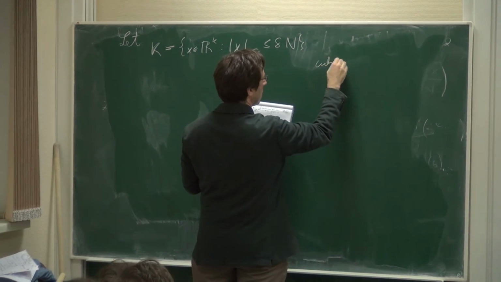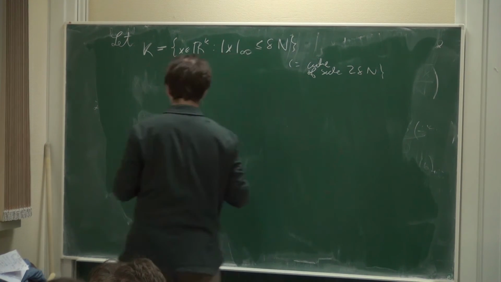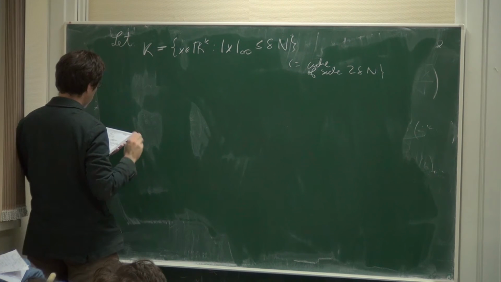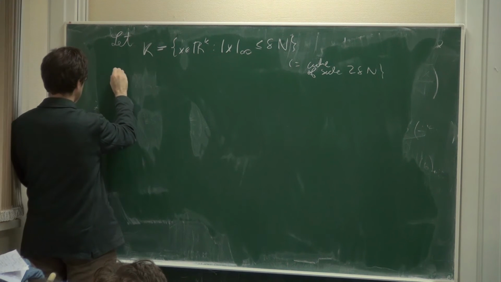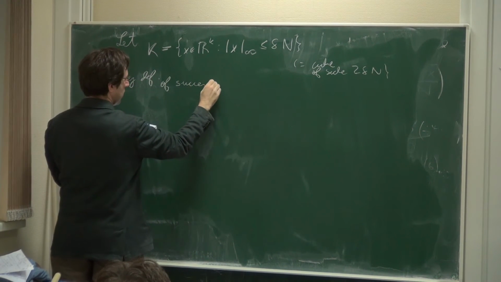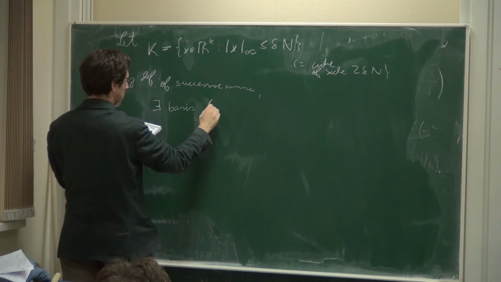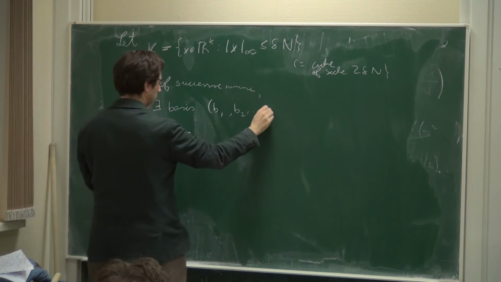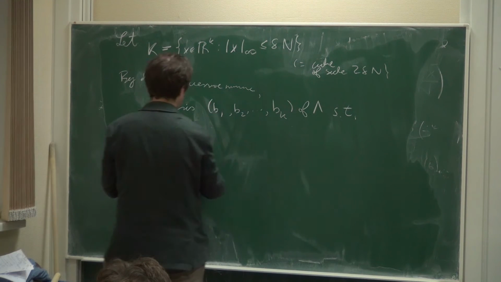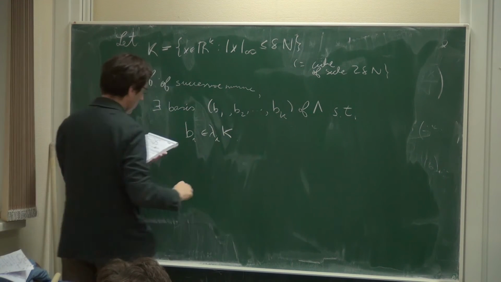So, yes, by definition of successive minima, there exists a basis, just k consecutive linearly independent vectors generating lambda, such that this is true.